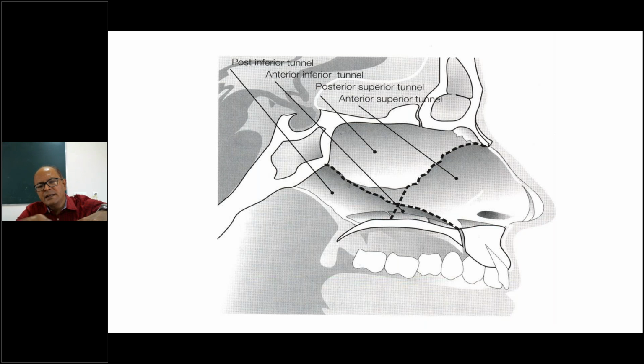You elevate above the spur, you elevate below the spur. At this junction you do a sharp dissection, thereby preventing tear to the mucosa. So this is the inferior tunnel. You create an inferior tunnel, and this whole thing is the anterior tunnel.